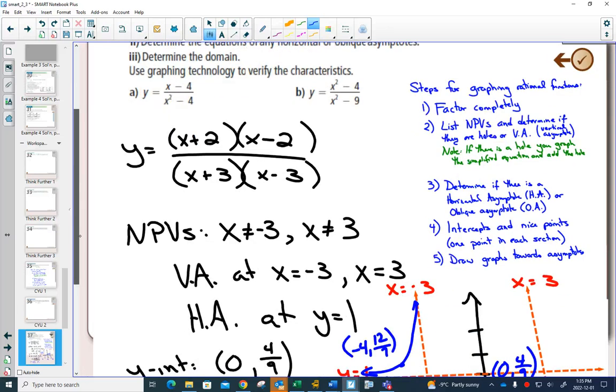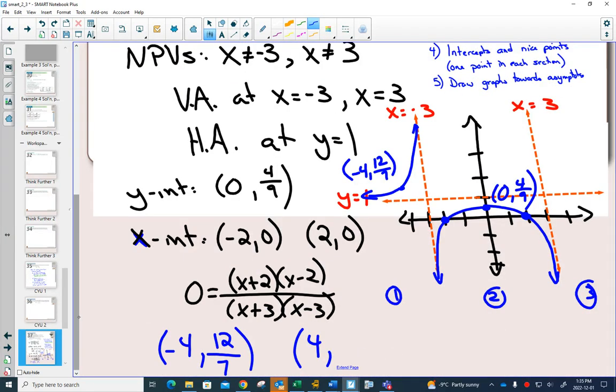So the fact that I already did negative 4 and got 12 over 7, I know that positive 4 will get 12 over 7 as well, as a shortcut. You could still plug it in and get 6 times 2 and get 12, and do 7 times 1 and get 7. It's not hard, but it's kind of neat to see that you get this same point over here. And there's our final graph.